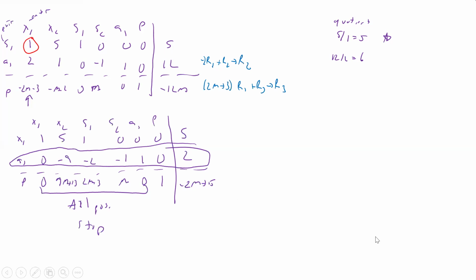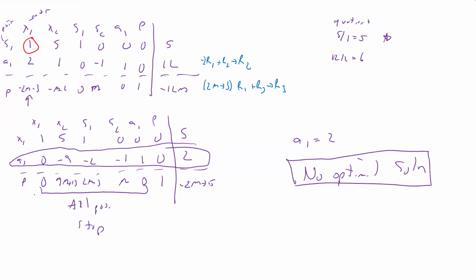Because this says a1 is equal to 2, there's going to be no optimal solution. That's a key thing. Sometimes you're going to end up with your artificial variable still on this side, and it's going to have a value, and that value makes it so there's no optimal solution. So I'll stop there with the hand ones. I'll come back at another time and show you how to do these in Excel.